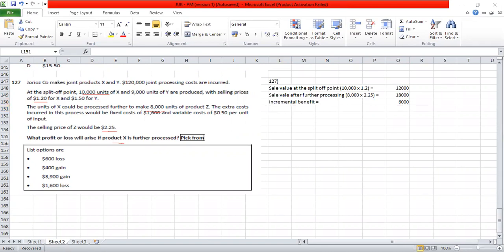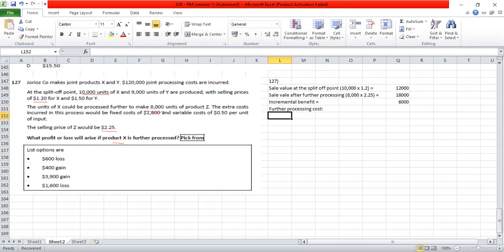Now the further processing cost, we see that there are two components.